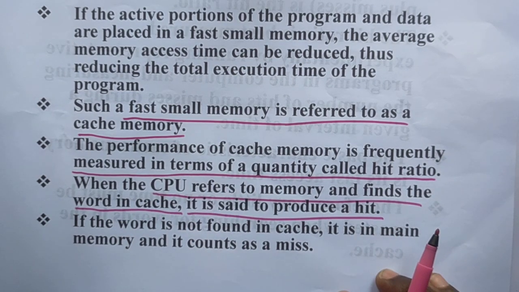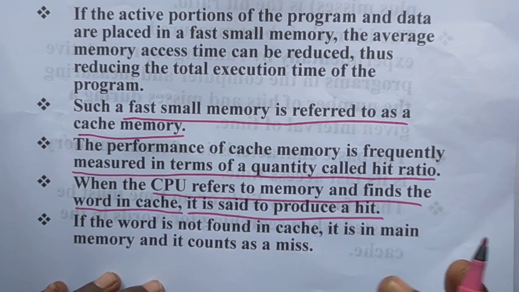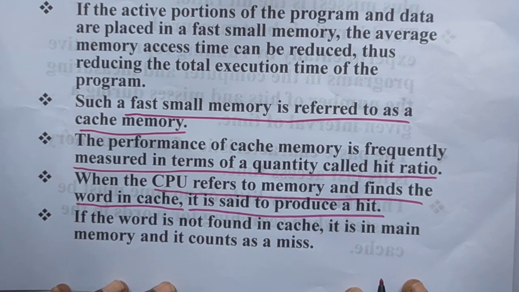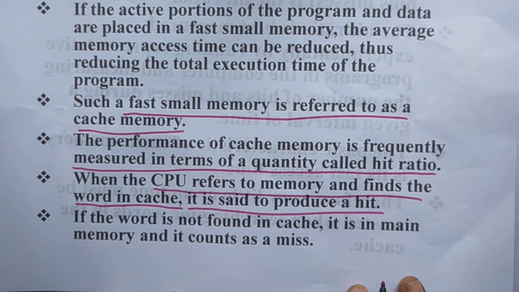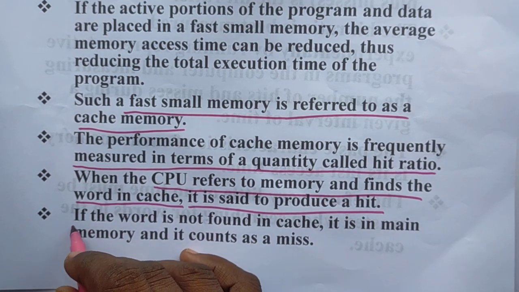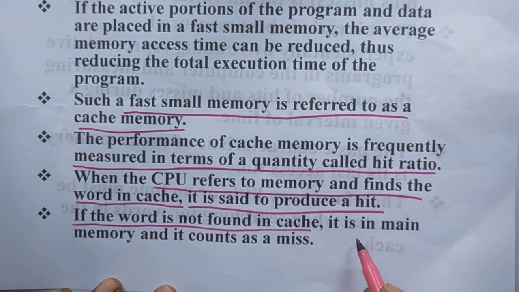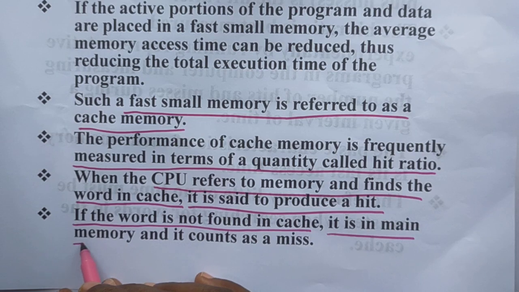That means data is available in cache. Okay. But that doesn't mean data is always available in cache memory. Sometimes data is not available, and in that case another situation arises. If data is not found in cache, then it is in main memory and it counts as a miss.